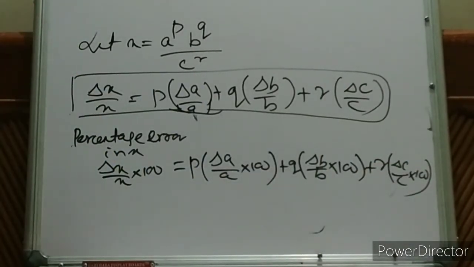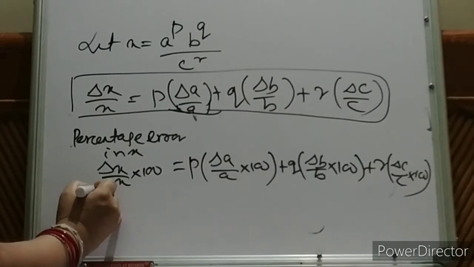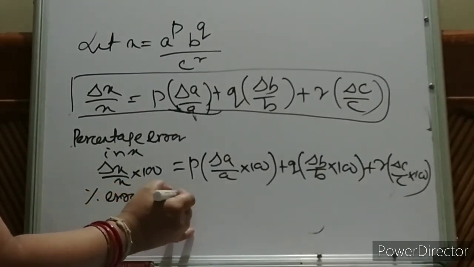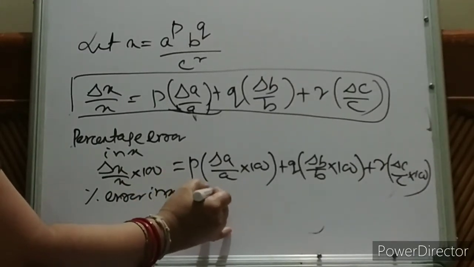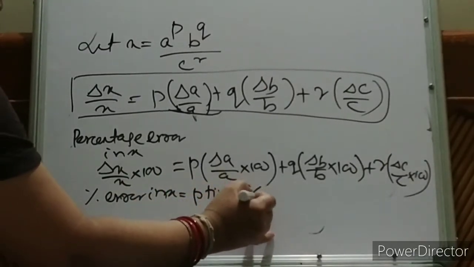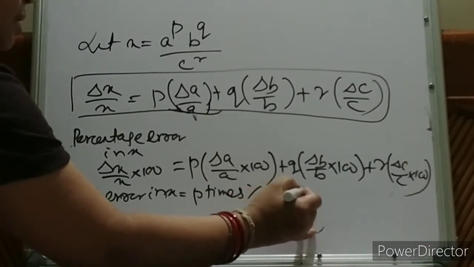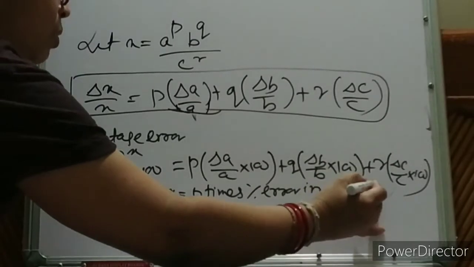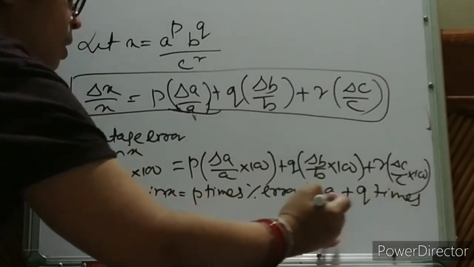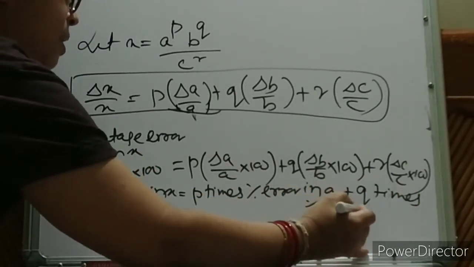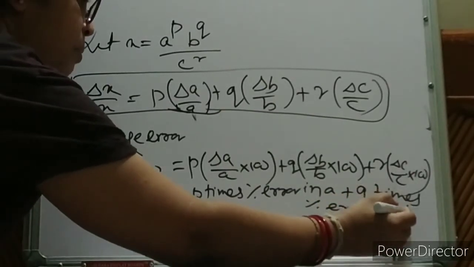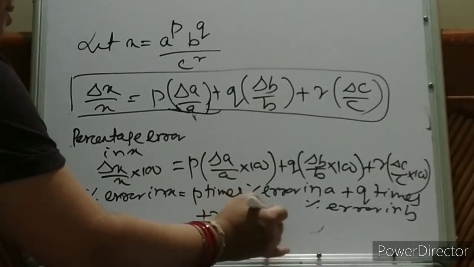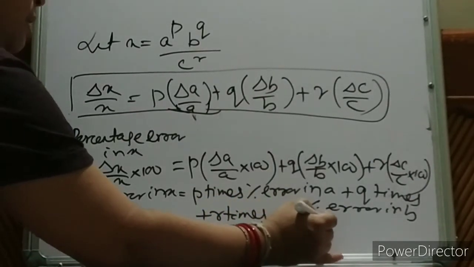So you can write the percentage error in x. Percentage error in x is equal to p times the percentage error in a plus q times the percentage error in b plus r times percentage error in c.